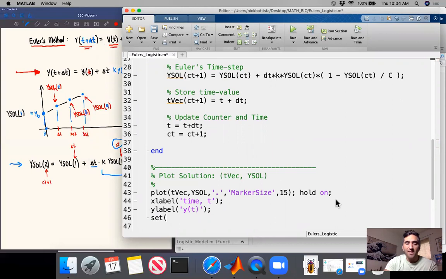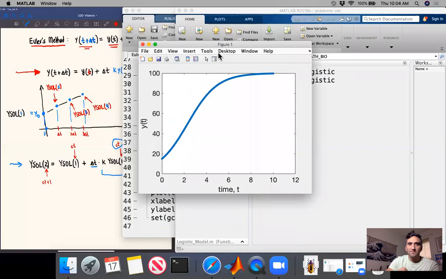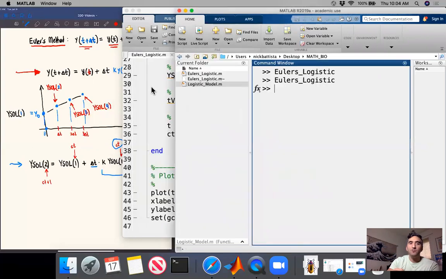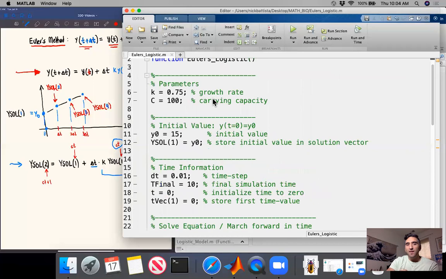So we can do set, what's called GCA, add our attribute font size, and say font size of 22. There's a little easier to read graph, and of course we could change the axis size and things like that as well. But I hope this gives you an idea of how to solve differential equations using Euler's method in MATLAB.